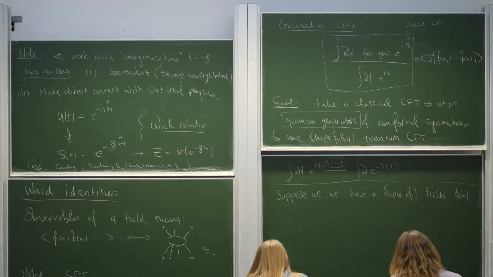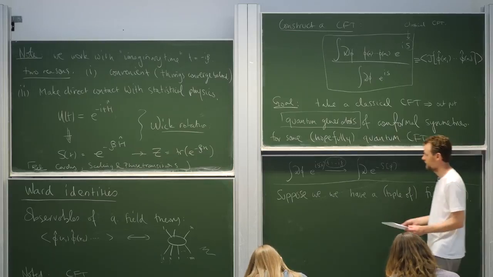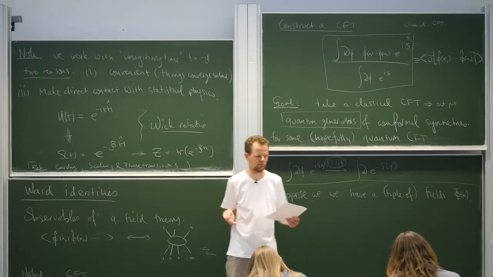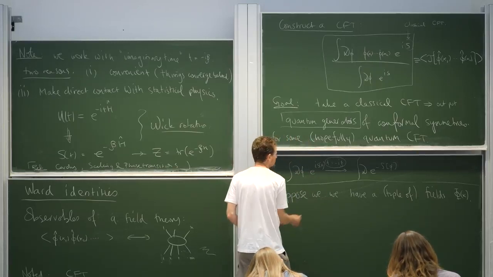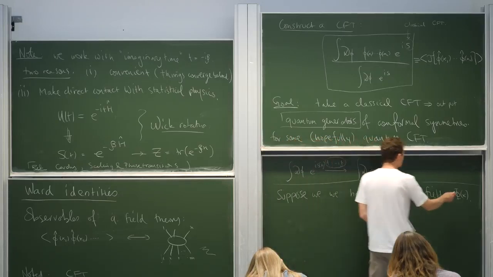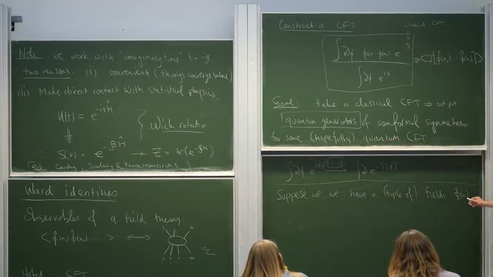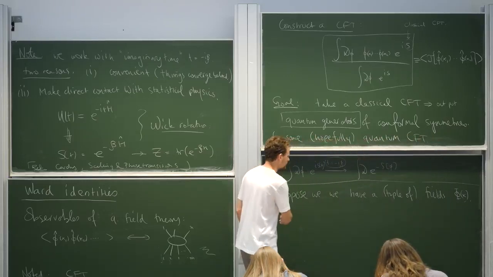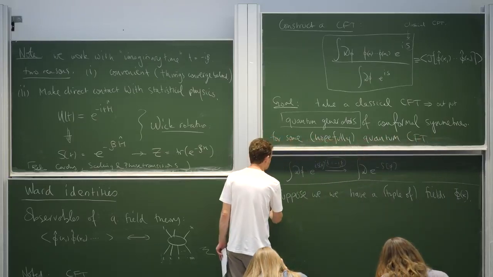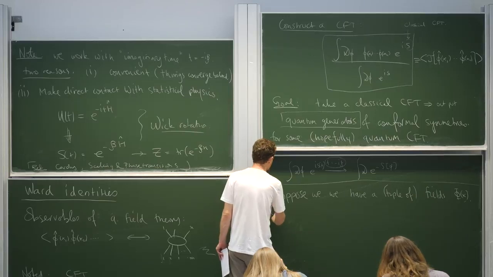We're going to start with some classical fields, and we're going to assume we have a vector of them, or a tuple of them. Maybe they're spinors or maybe they're tensors, I don't know. You just have a list of fields, and this phi of x is meant to be that list of the fields. And this is all classical so far.